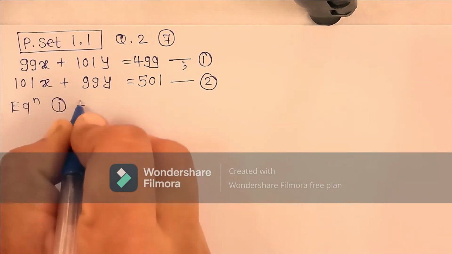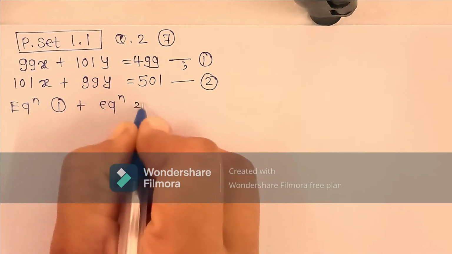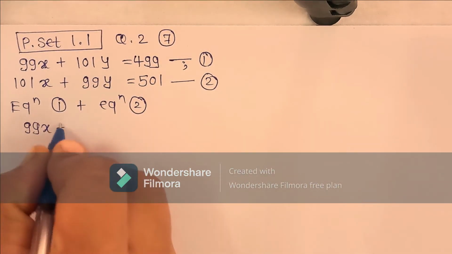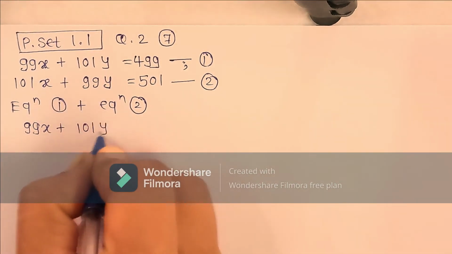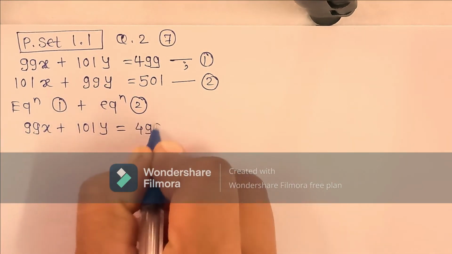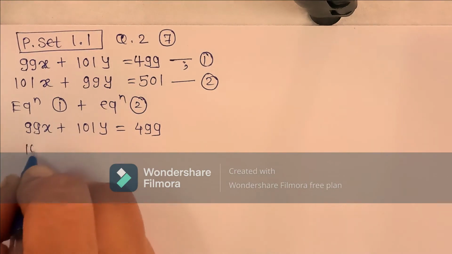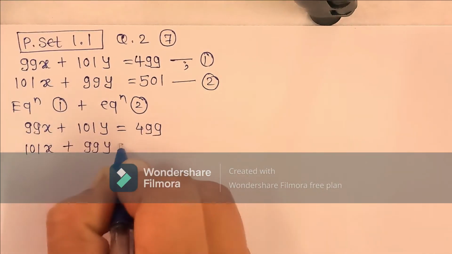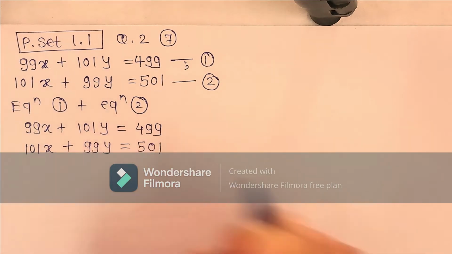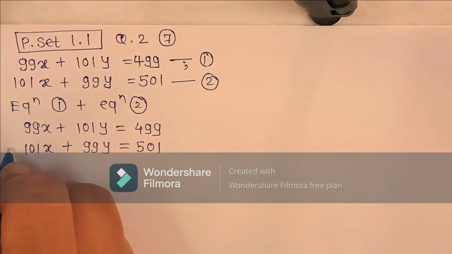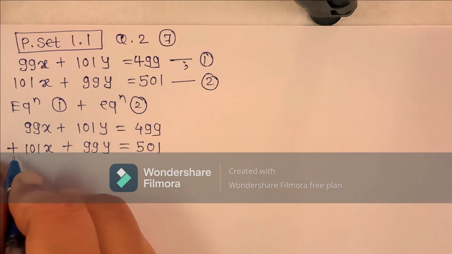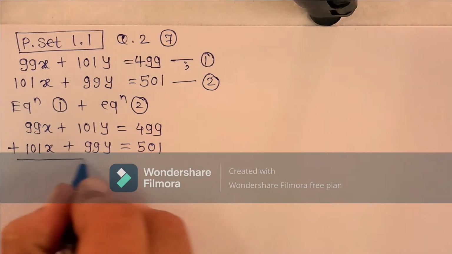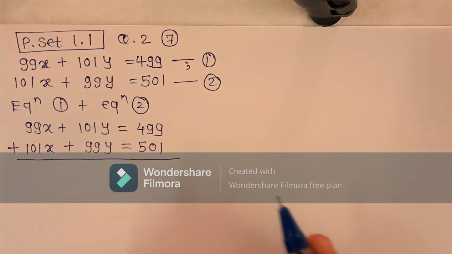So here equation 1 plus equation 2. So what will you get? 99x plus 101y is equal to 499 and 101x plus 99y is equal to 501. We need to add them. Because of this addition, no sign is going to change. So all signs are going to remain the same.